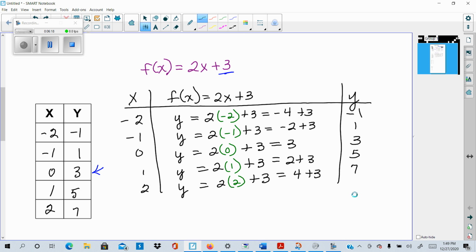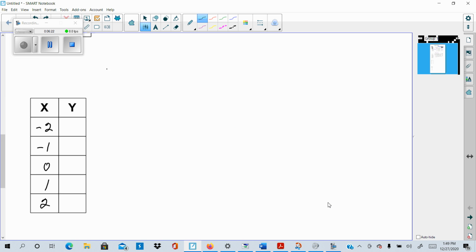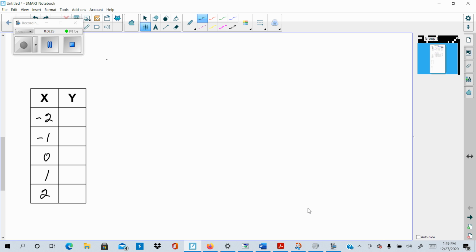Now we're going to switch it up, and I am going to give you the XY chart, and we're going to go through and figure out what the equation is. So I've got negative 7, negative 5, negative 3, negative 1, and 1.